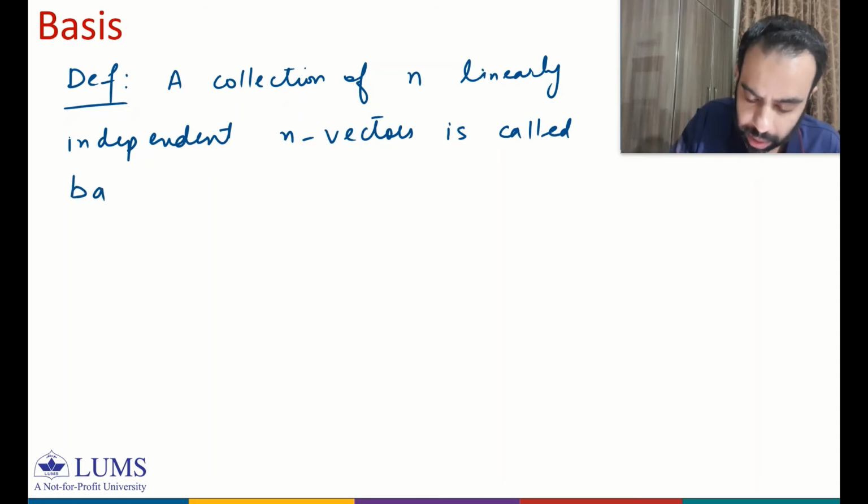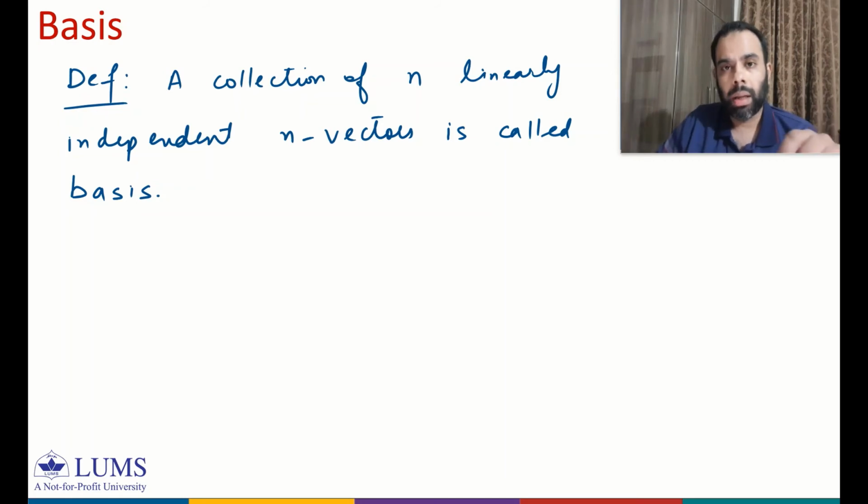So why do we call these vectors bases? The overall idea is that we can use these n linearly independent vectors to represent any vector in Rn.